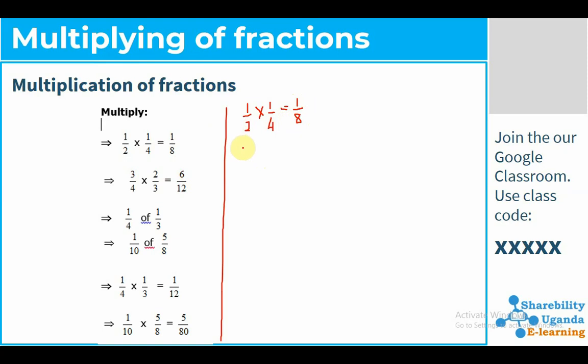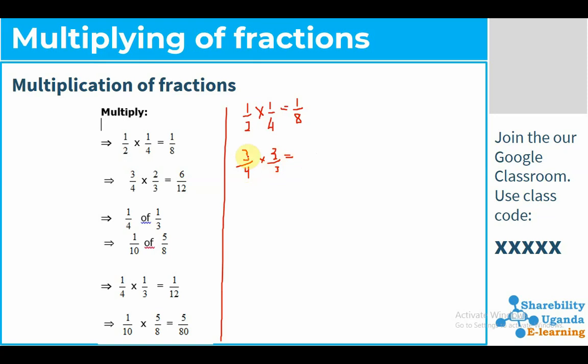Also, we have another number which is 3 out of 4 times 2 out of 3. That is also a fraction which is given. We also have to multiply it, using the methods that we have learned in the other recent videos.